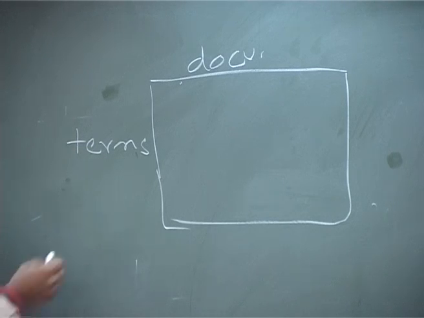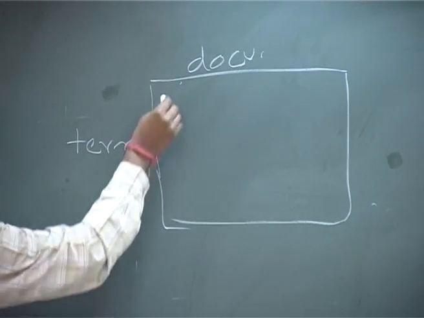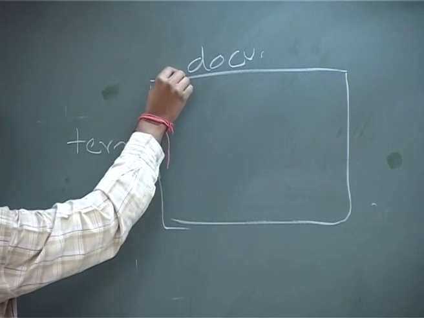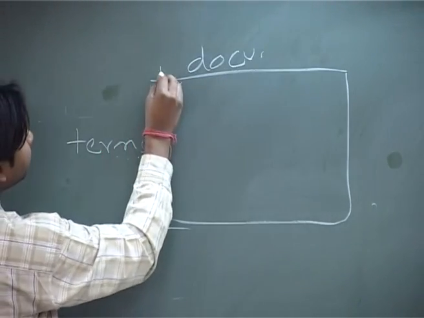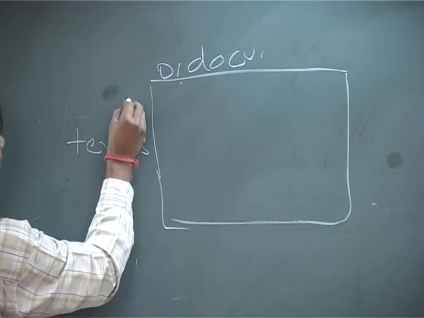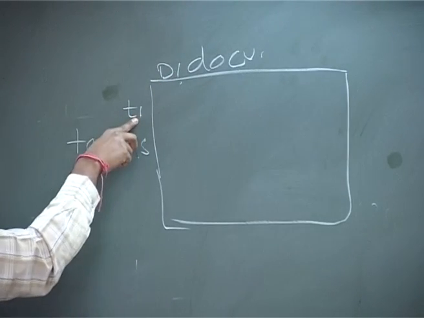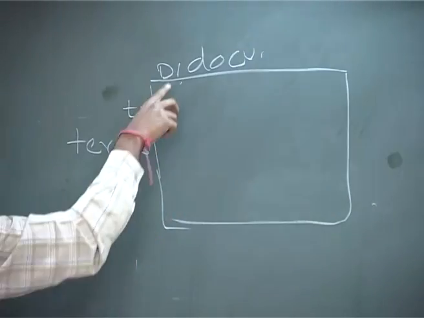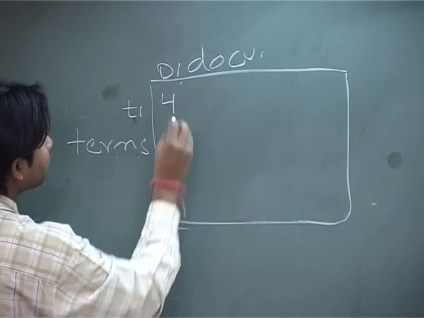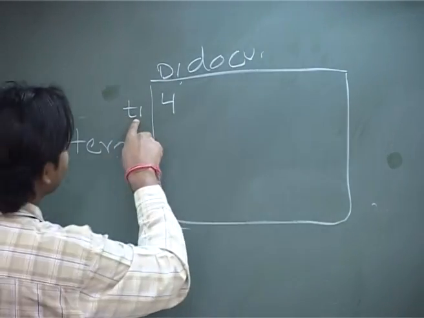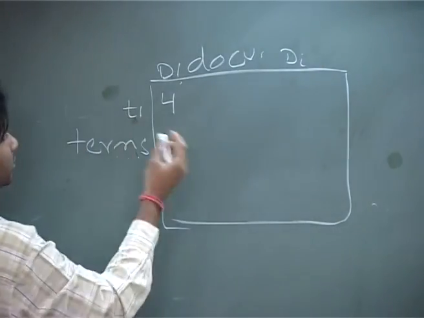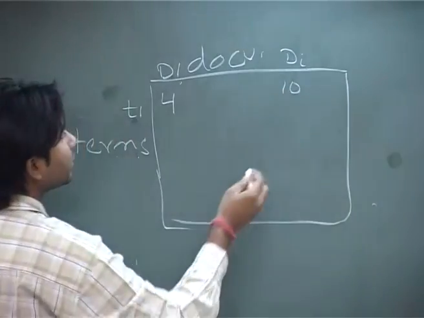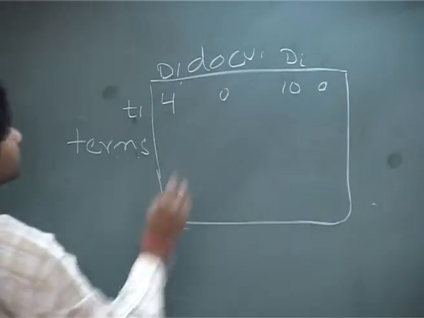So this matrix contains how many times this document has this term, like document D1 and term T1. If T1 comes 4 times in this document, this entry will be 4, and if term Ti comes 10 times, this entry will be 10, maybe 0.